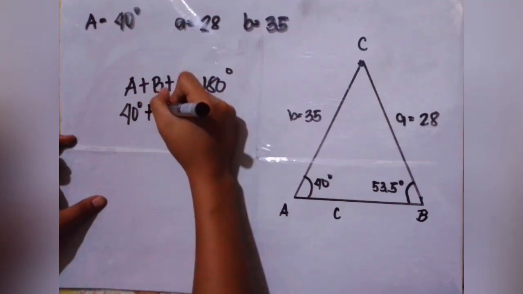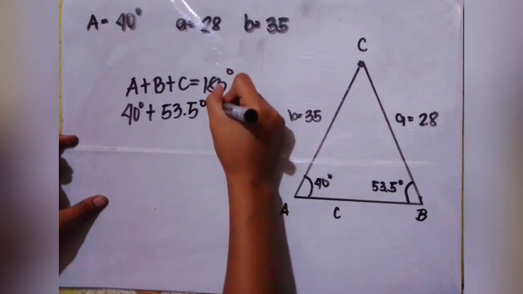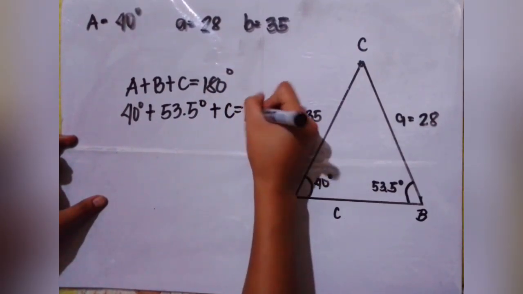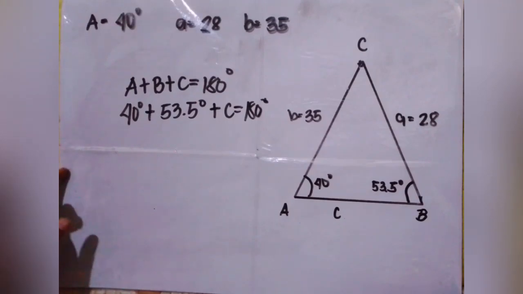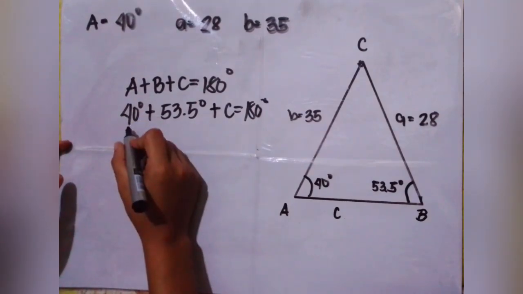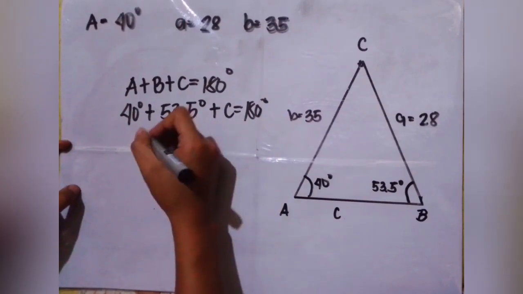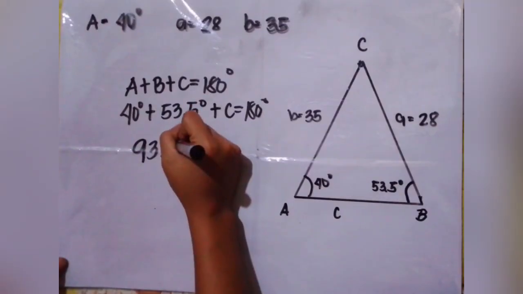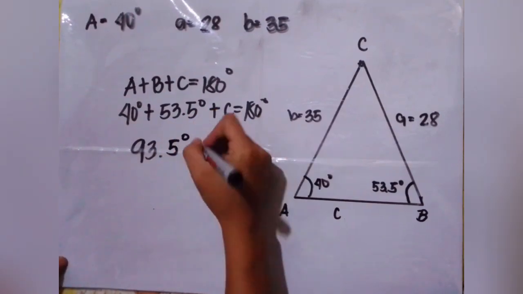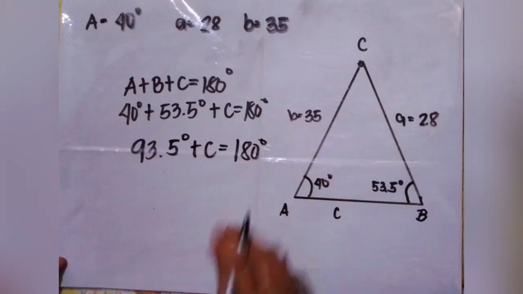Angle A is equal to 40 degrees plus angle B, which is 53.5 degrees, plus C is equal to 180 degrees. Then add 40 plus 53.5 degrees, which is equal to 93.5 degrees, plus C is equal to 180 degrees.